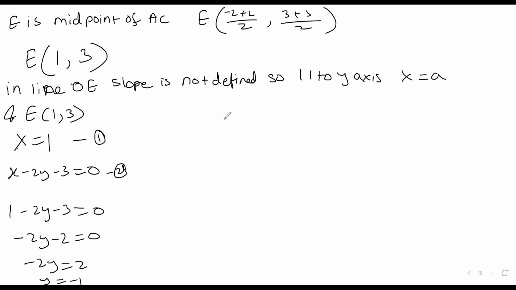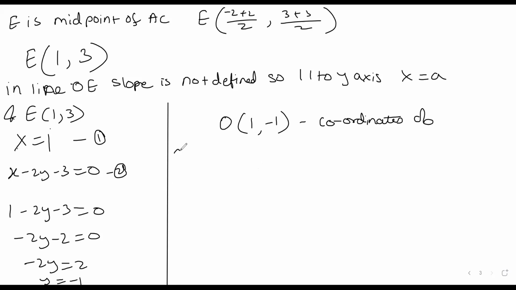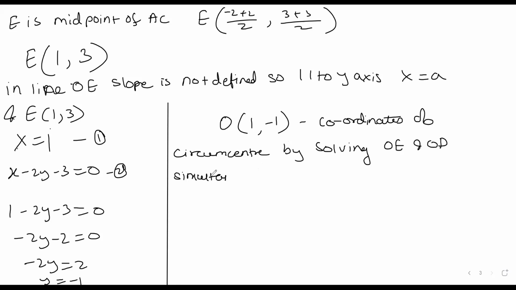So coordinates of O, by solving these two equations simultaneously, are 1 and minus 1, the coordinates of circumcenter, by solving OE and OD simultaneously.